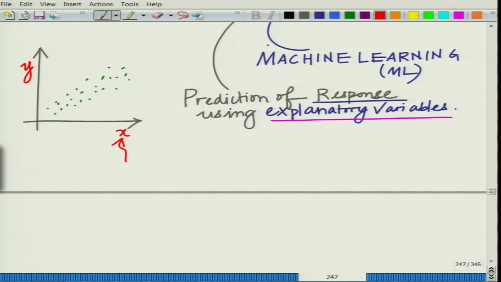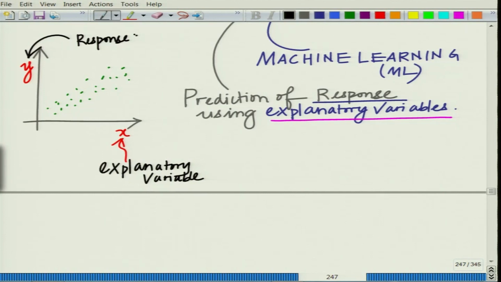This is what I am calling my explanatory variable, and y is what I am calling the response. And clearly you can see that the explanatory variable and the response are highly correlated.